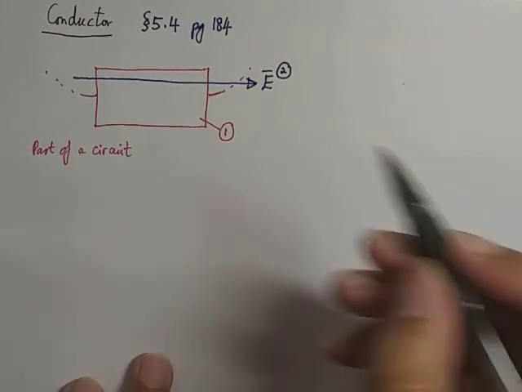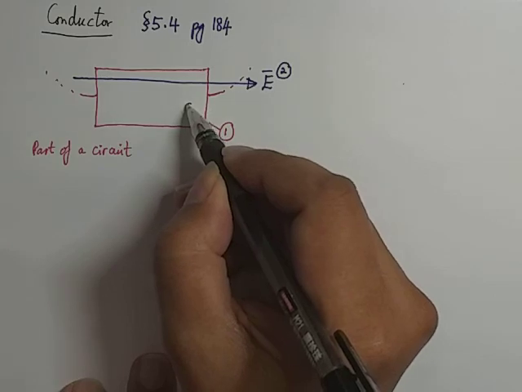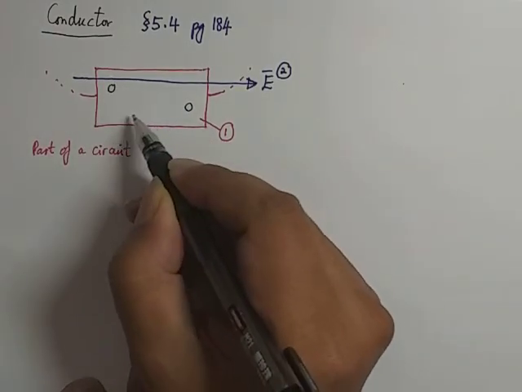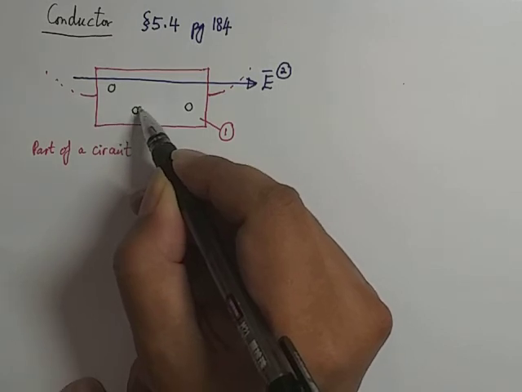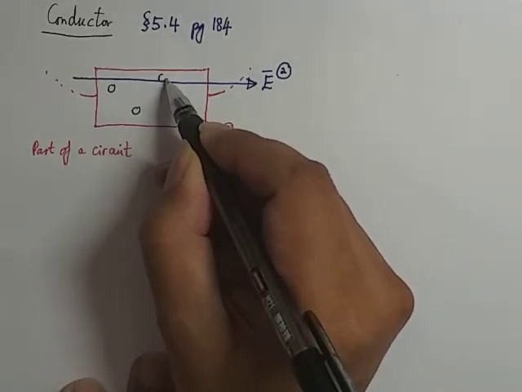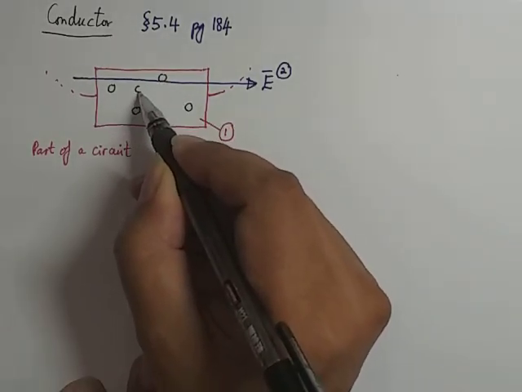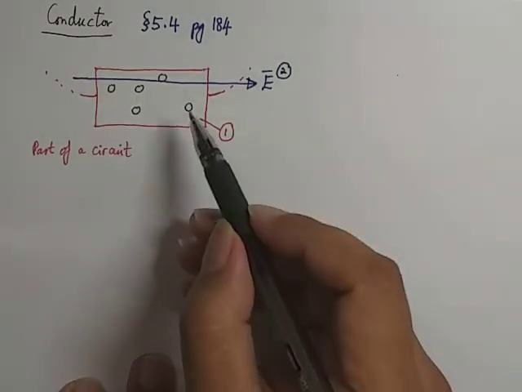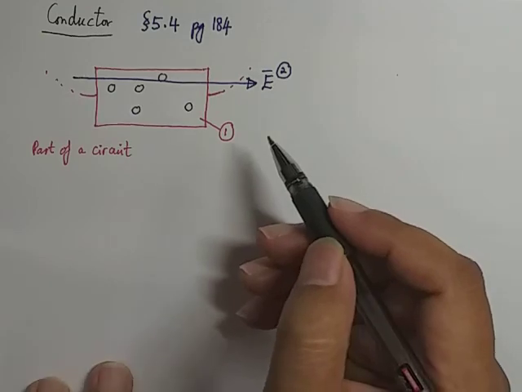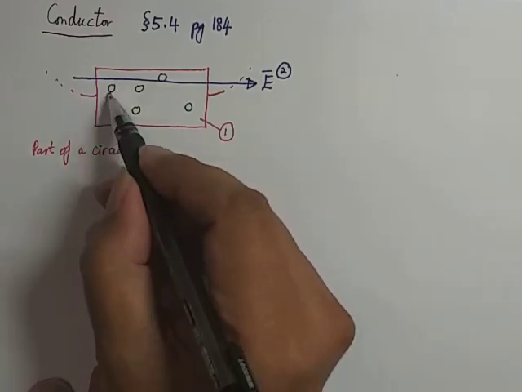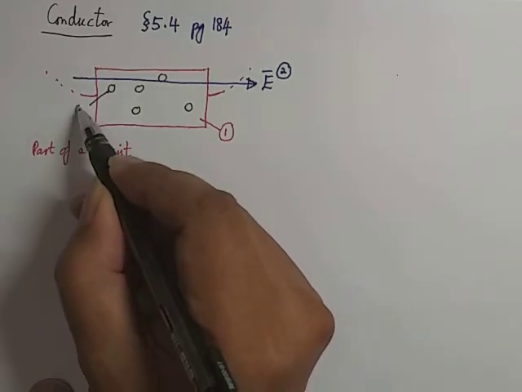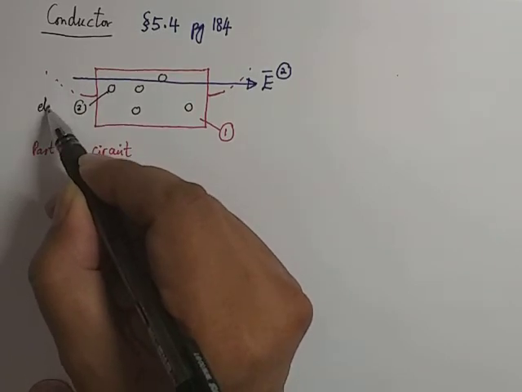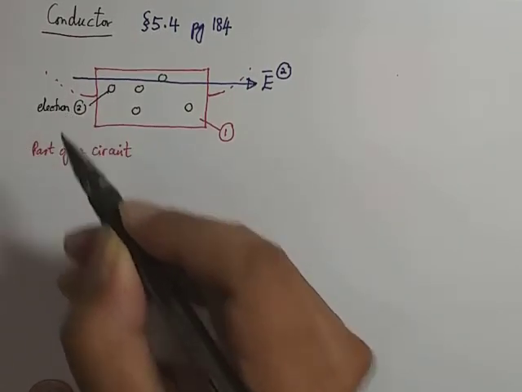Let's draw the charged particle as this black circle. There's a lot, and let's ask ourselves, what are the majority carriers that appear in the conductor? Anyone want to answer what should be the majority carriers in a conductor? Therefore, we're going to say this number 3 will be known as electron.